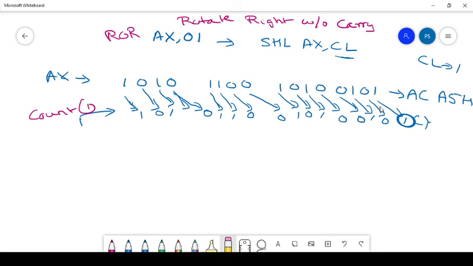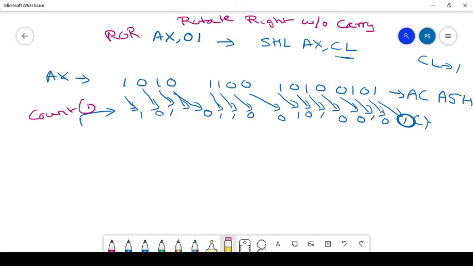So I am having an instruction called RCR AX comma 01.